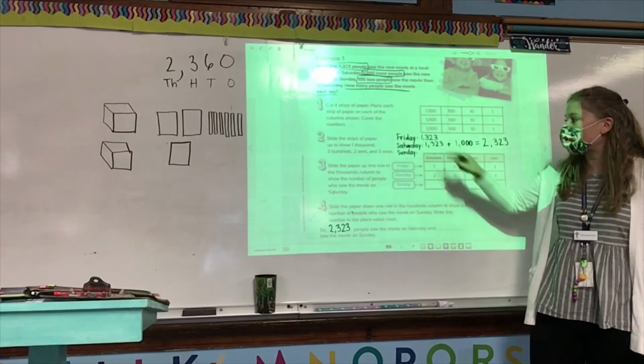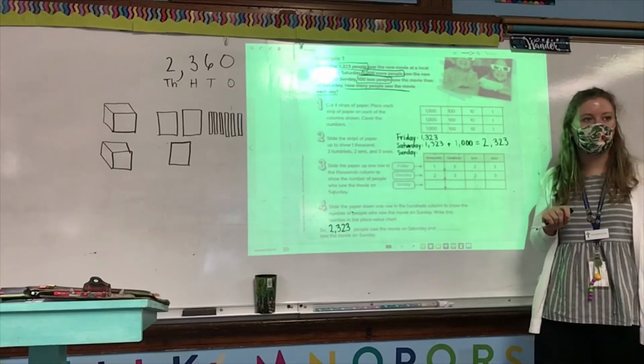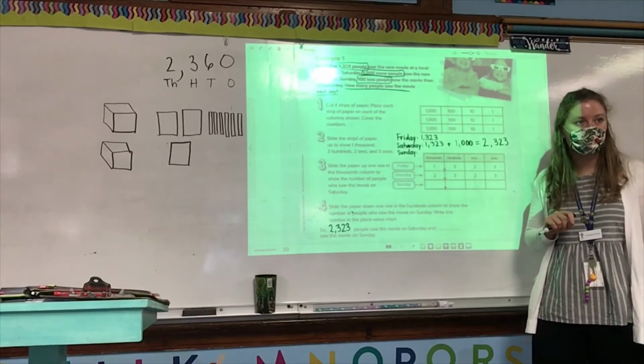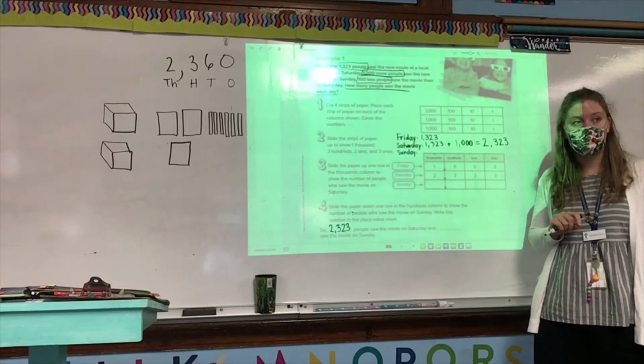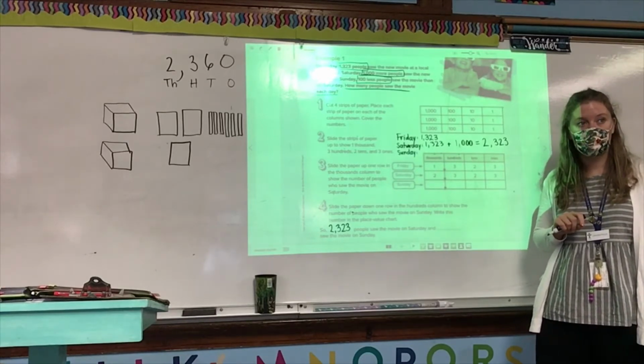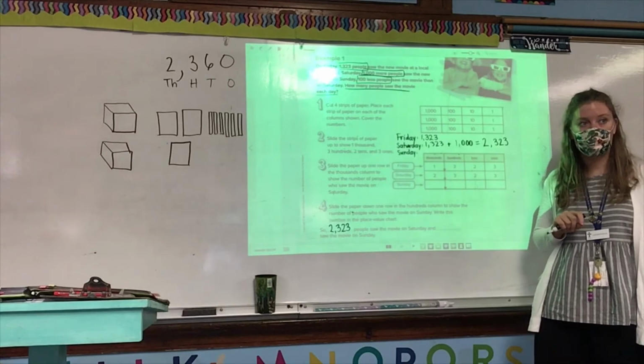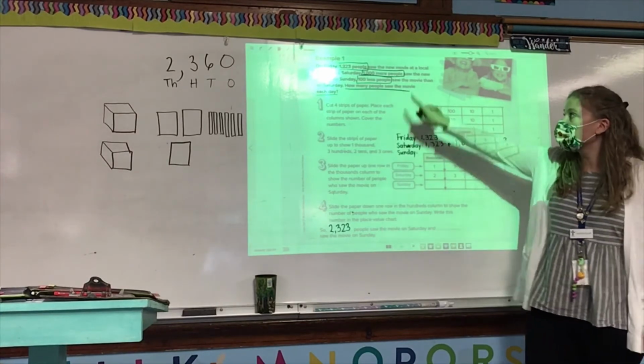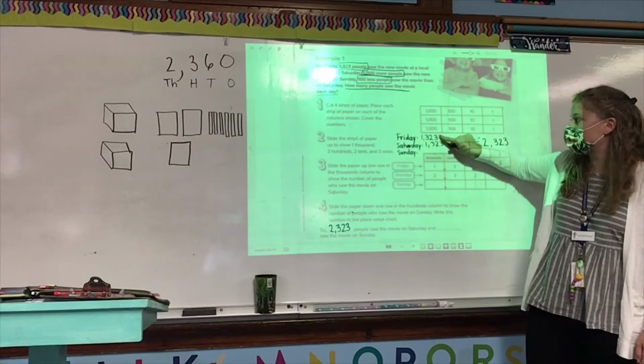Are we taking Friday's number, 1,323, and subtracting from it? No. Why? Because we made a new number. Well, what does the problem say that tells us we're not taking Friday's number?